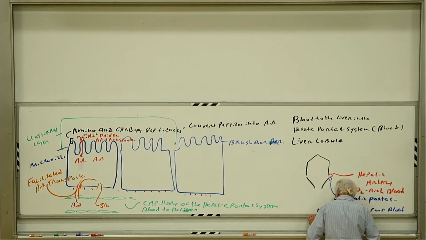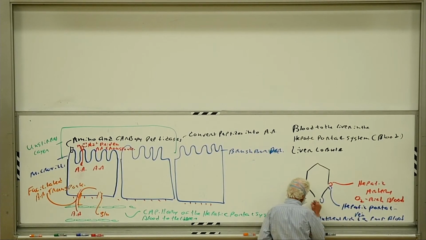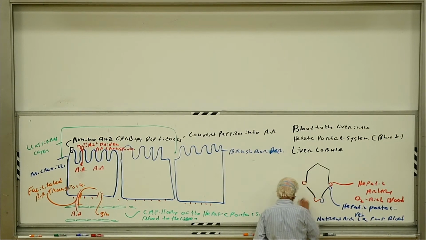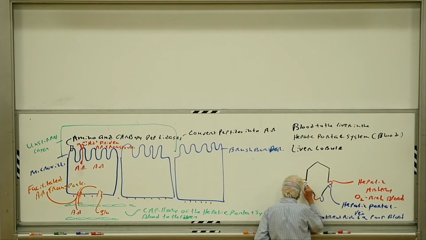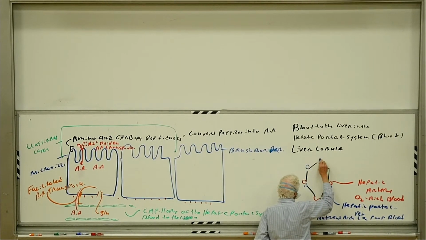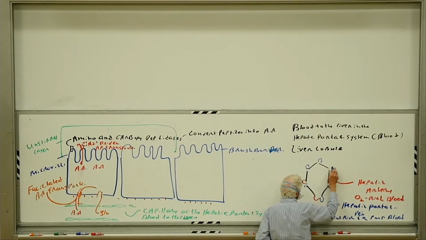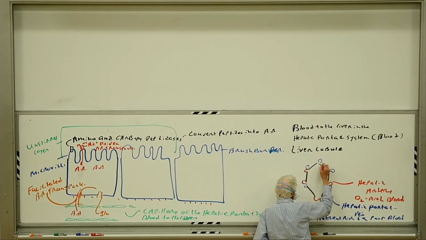So at each one of these corners, we have a repetition of this pattern. And its companion vessel from the hepatic artery.